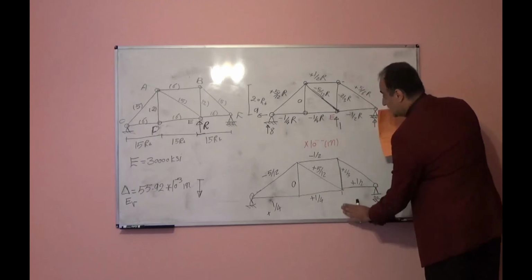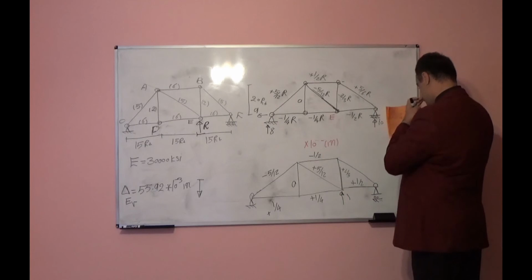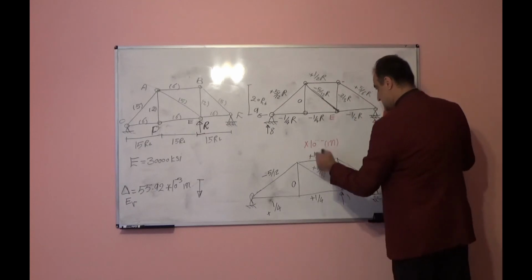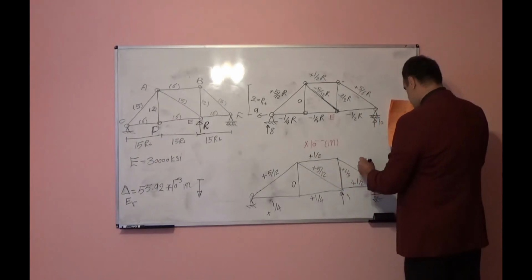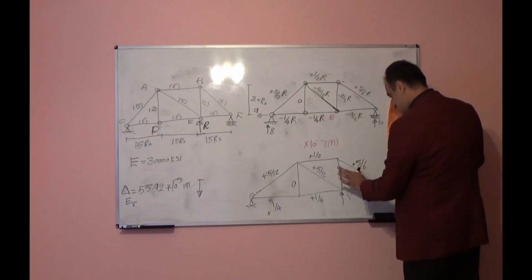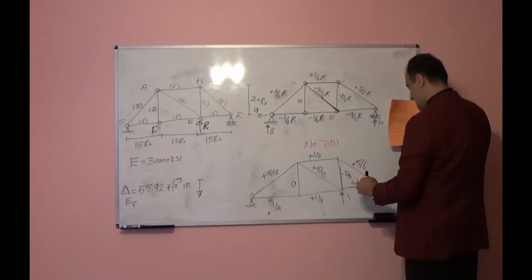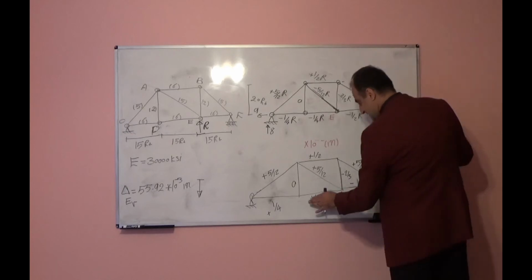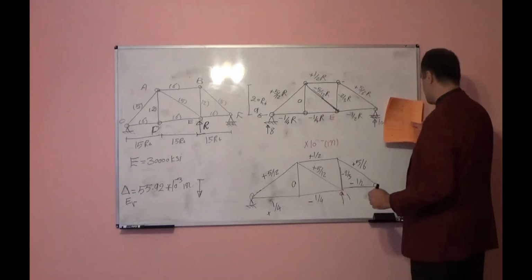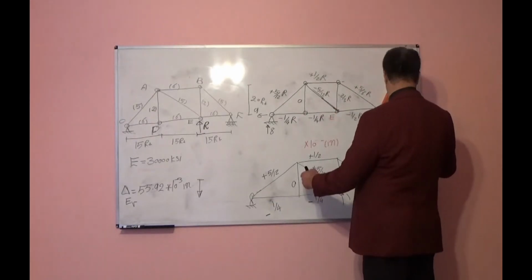If I apply 1 here upward, the forces will be positive 1 over 2, positive 5 over 12, positive 5 over 6, negative 2 over 3, negative 1 over 2, negative 1 over 4, negative 1 over 4, 0.